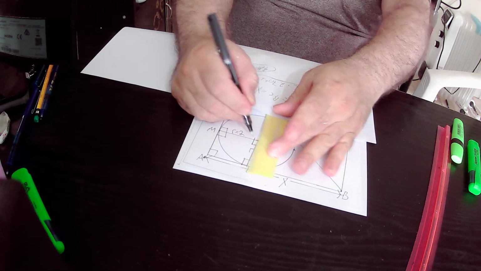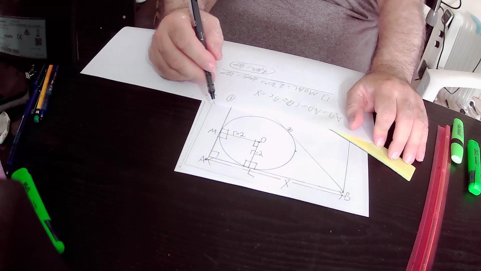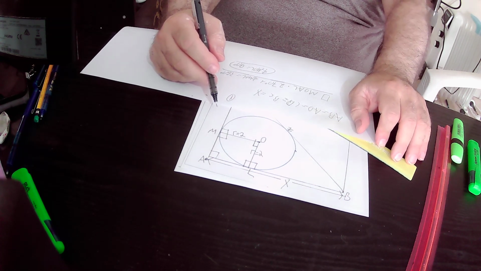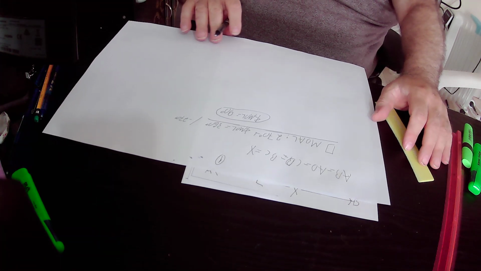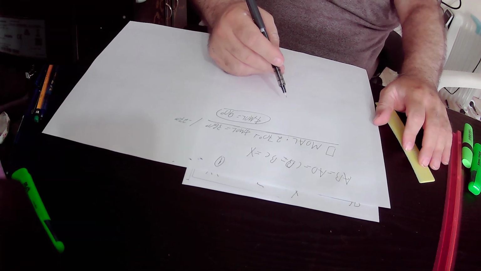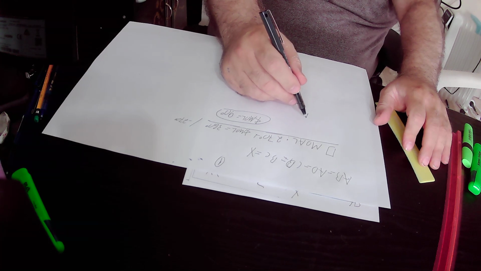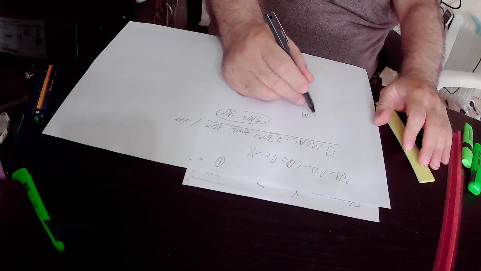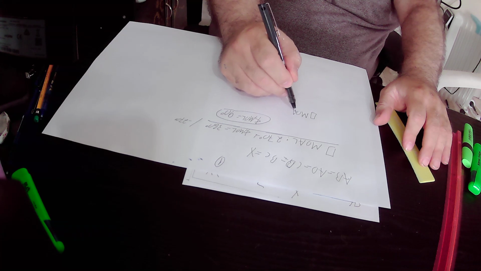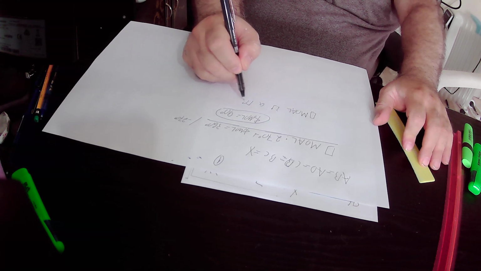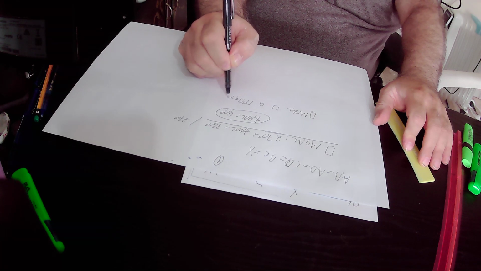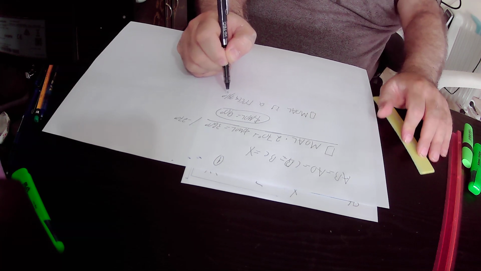So actually, we found out that all 4 angles inside quadrilateral MOAL are right angles. Any quadrilateral that has 4 right angles must be at least a rectangle. So we regard quadrilateral MOAL as a rectangle. Quadrilateral MOAL is a rectangle.